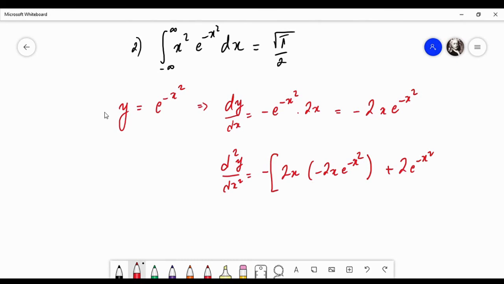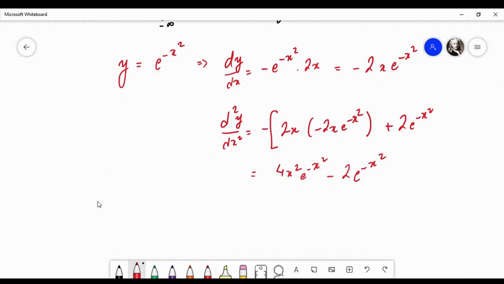After this I will simplify this as 4x squared e to the minus x squared minus 2 e to the minus x squared.